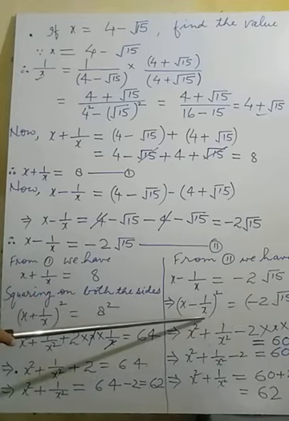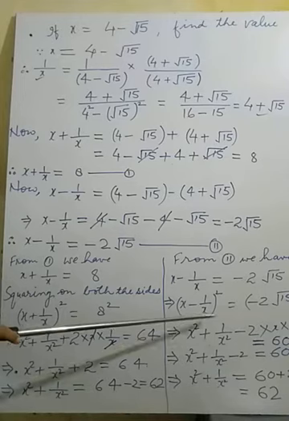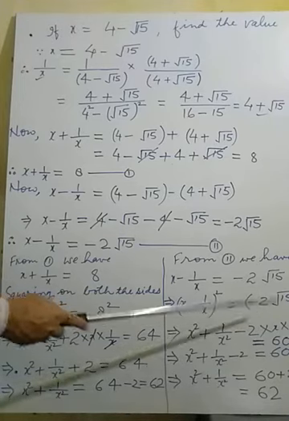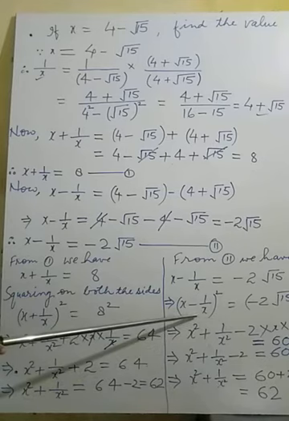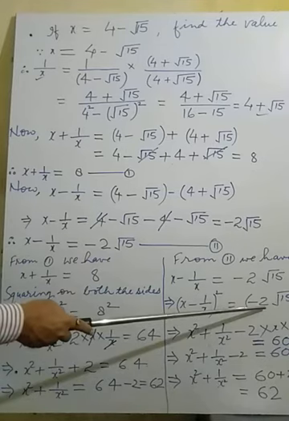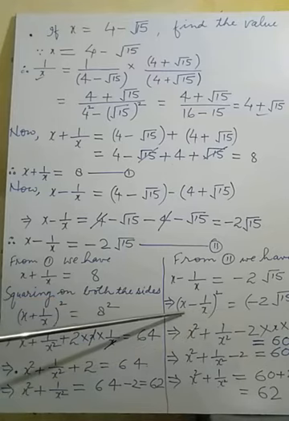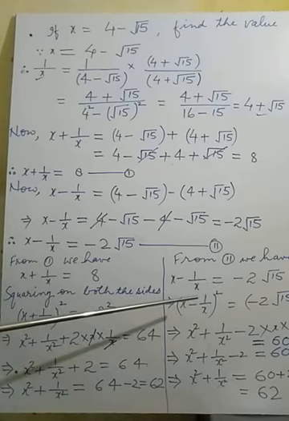This one is square of left hand side, and this one is square of right hand side. If left hand side is taken square form, so right hand side will also be taken square form. Now again this one is binomial, so a minus b whole square.